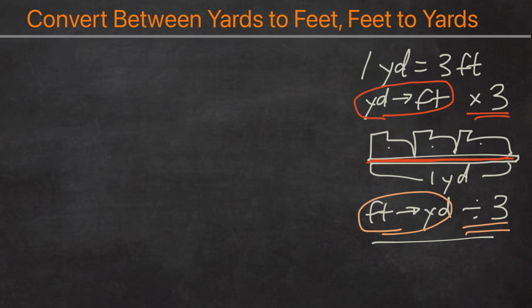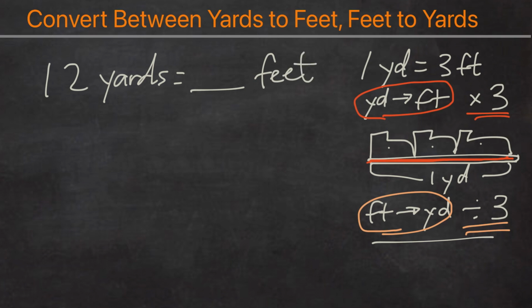And we will try 2 more problems, and I'll be ending with a quiz and see if you can answer that properly. For the 5th example, we have 12 yards. And I want to convert to feet. Yards to feet, we'll be using this example.